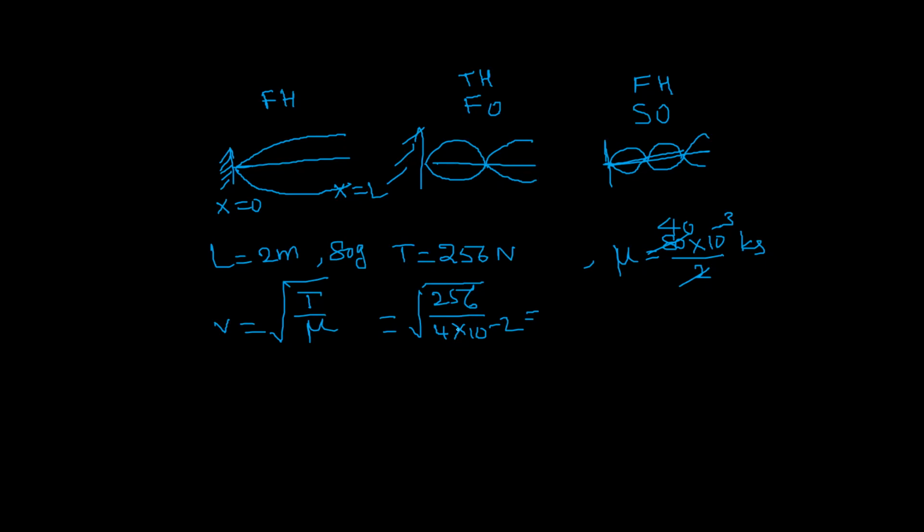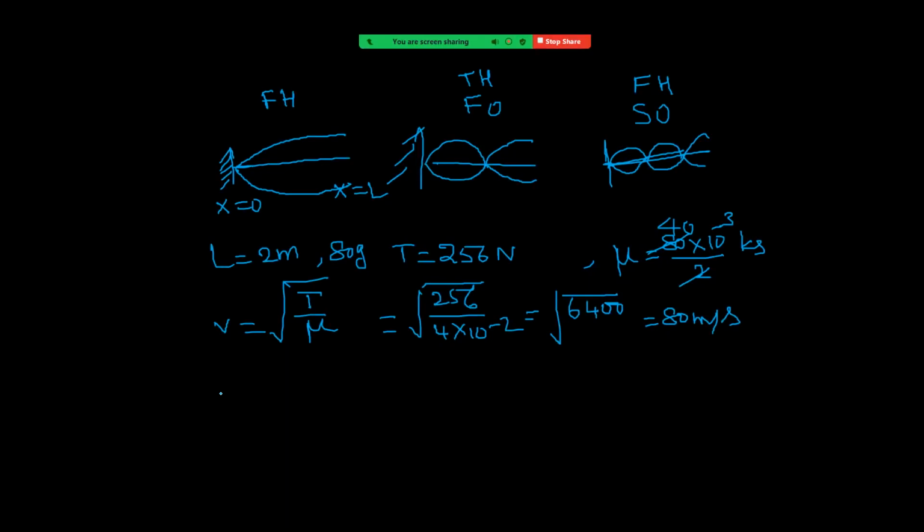From this we are going to get the speed. 4 here, we get 6 times, right? 6 4s 24, 16 4 and double zero. That means it is equal to 80 meter per second. That is the speed of the transverse wave in the string.